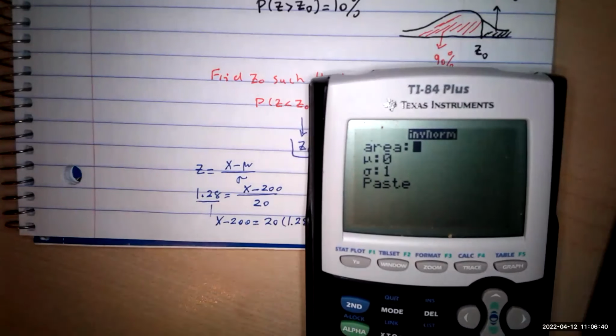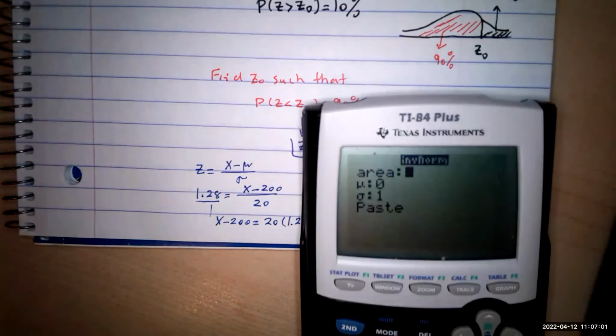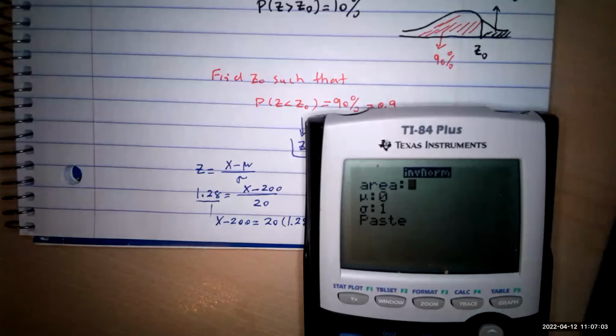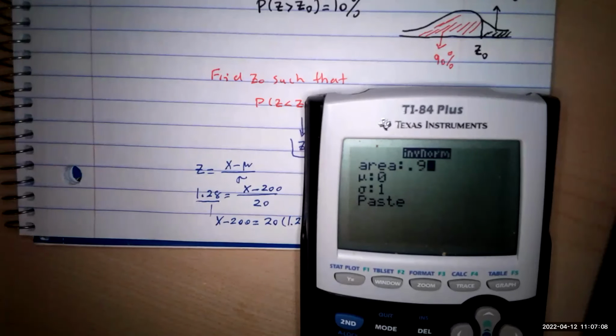Look at this one. The first part is area. Area is that percentage that you have. The second one is the mean and the sigma. The area, you must make sure that you give the area to the left. You cannot do the 10% here. Okay, so you have to do the 90%. So you have to get it to this part, to find out which area you are going to use. So the area would be 90%, so that's going to be the 0.9, the one that we use for the table.